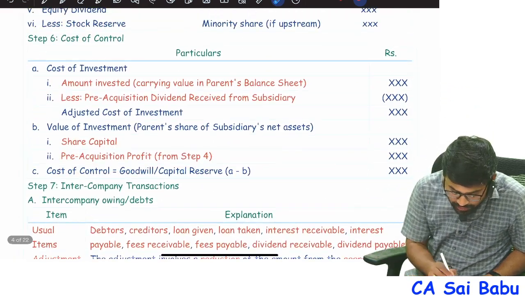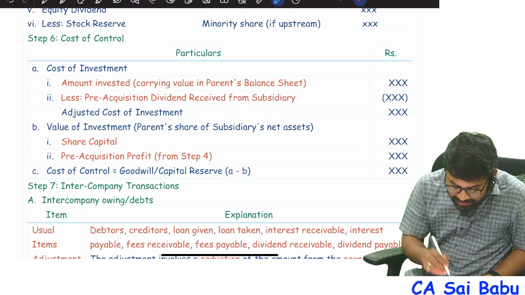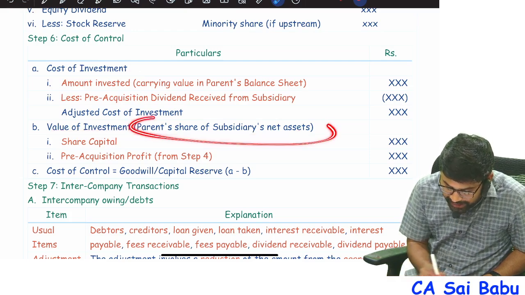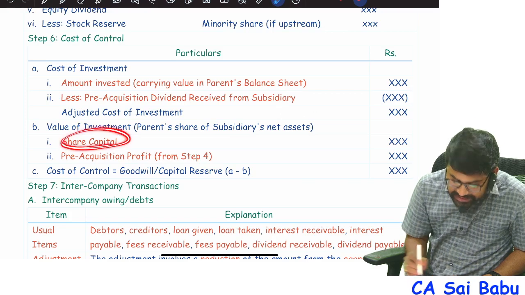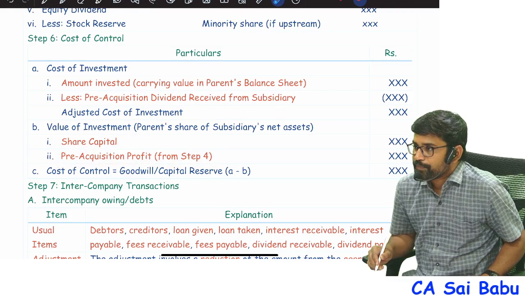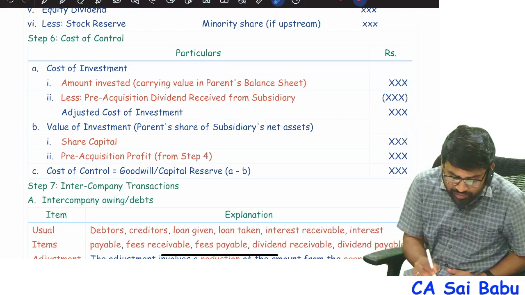In cost of control, step number 6, first we will take the cost of investment. This cost of investment will be deducted with the value of investment, that is the parent's share of subsidiary net assets. When you are deciding the net assets, you are taking share capital and at the same time pre-acquisition profits. On the date, I told you, cost of control will be decided on which date?